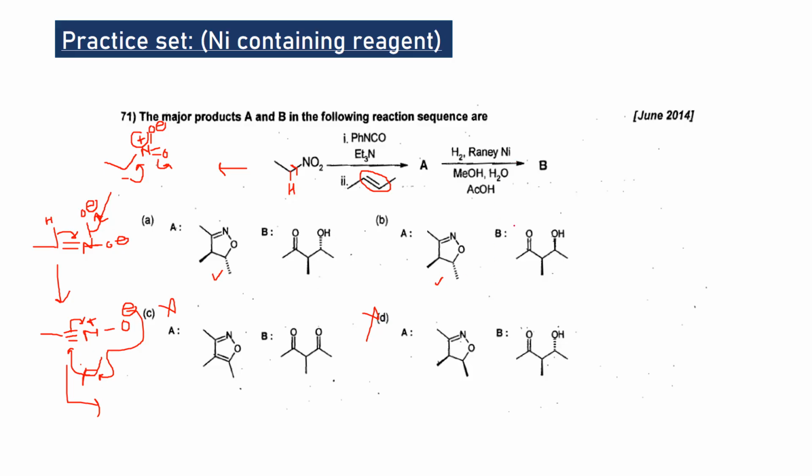Now in the next step, when the hydrogenation reaction is performed, there will be a bond cleavage and it will be hydrogenated. As water is there, this ring will be cleaved and it will form this type of imine moiety.